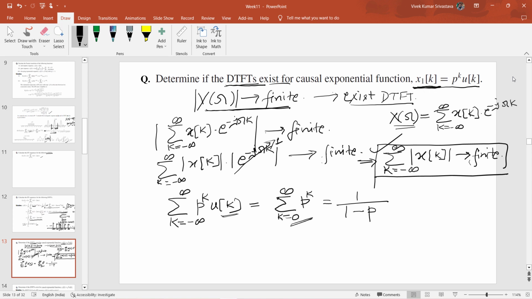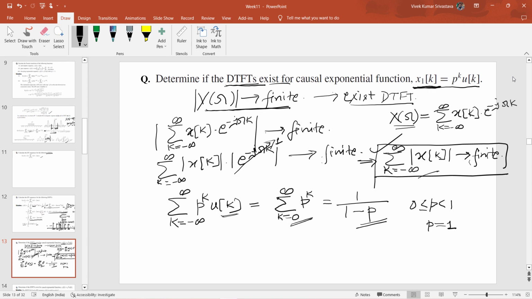Okay, it means that this summation or this condition will be satisfied only when the value of p lies between 0 and 1. Okay, and at p equal to 1, this value will go to infinite.